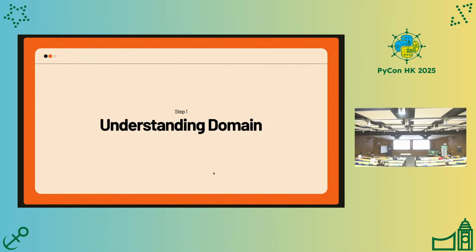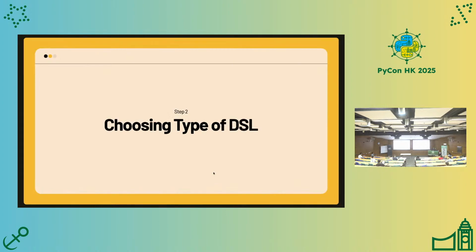Step one is to understand your domain, what you're trying to do. We're going to make a storytelling language, and the kids are the audience. Step two is choosing what type of domain-specific language we are trying to make. There are two types of DSL, internal or external.